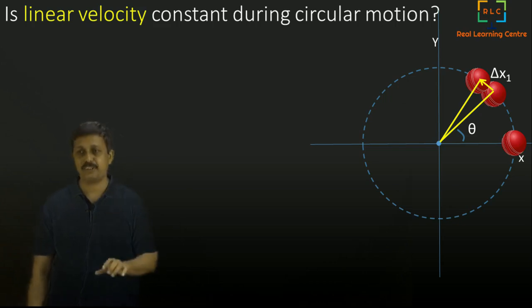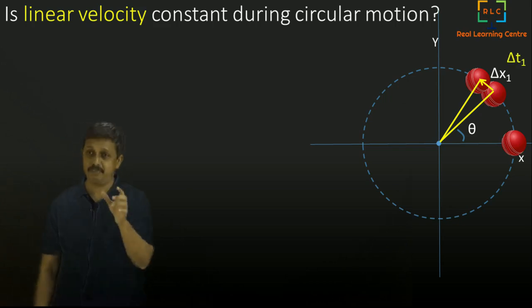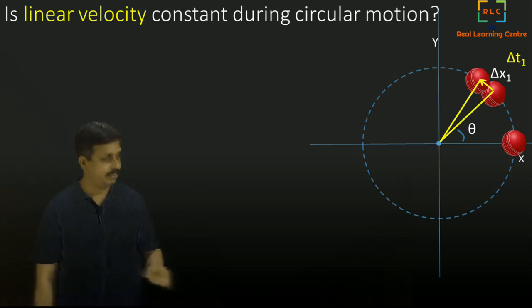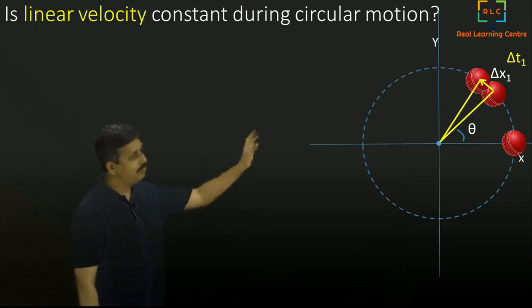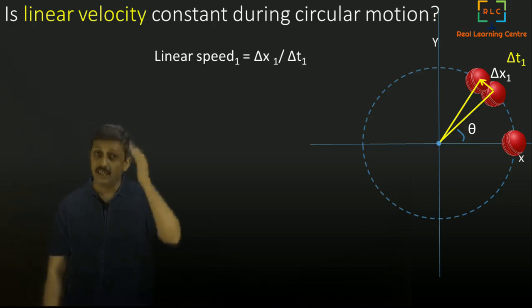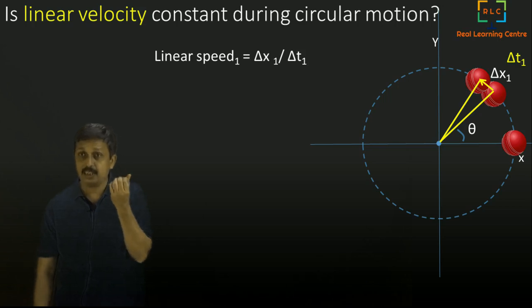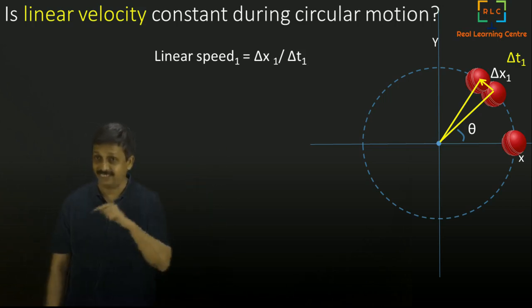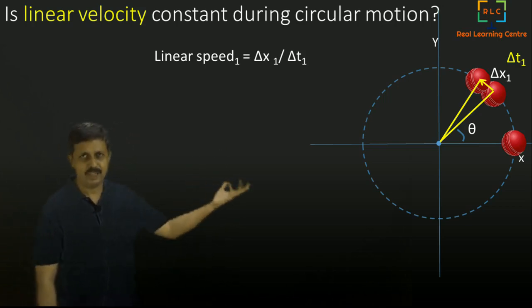In delta t1 time it has moved delta x1. So, what is the linear speed? Linear speed is delta x1 by delta t1. I just use different variables.